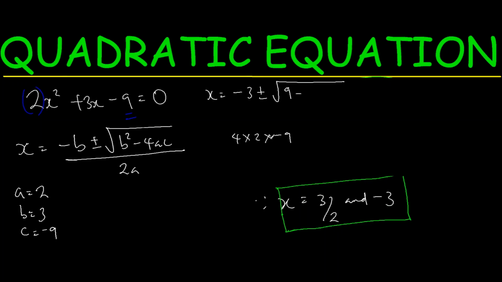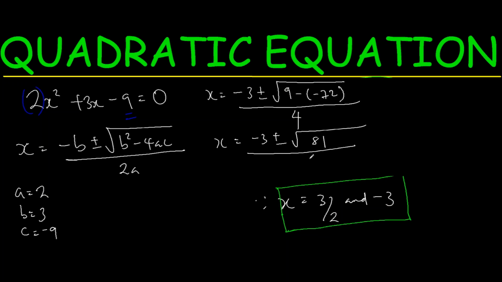That is 4 times 2, 8, that is minus 72. So minus 72, all over 2a. 2a will give us 4. So x is equal to minus 3 plus or minus the square root of 9 plus 72, which gives us 81, over 4.